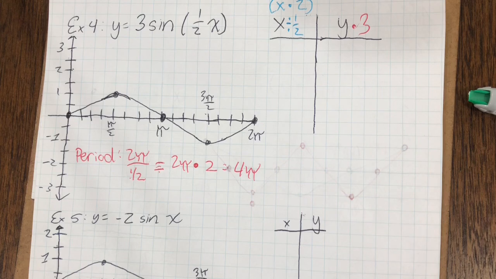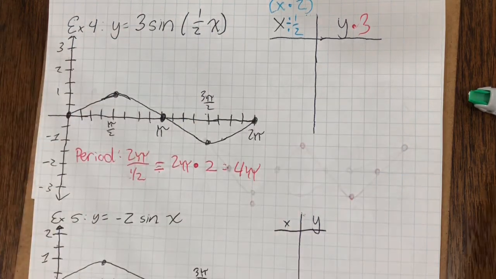And if we acknowledge what 4 pi is in degrees, it would be 720 degrees. So it's kind of way far from 2 pi. All right. So we're going to see how that is going to affect the original graph.